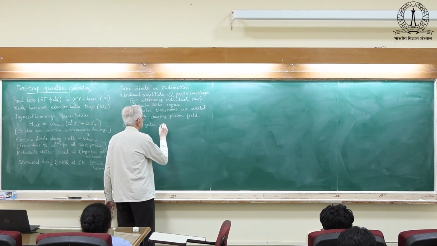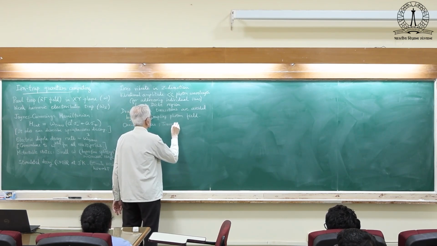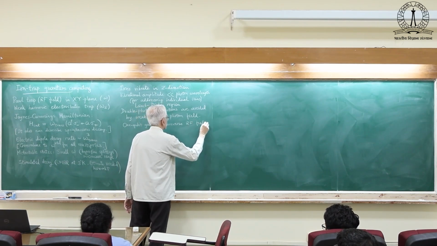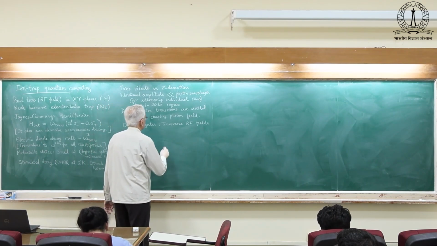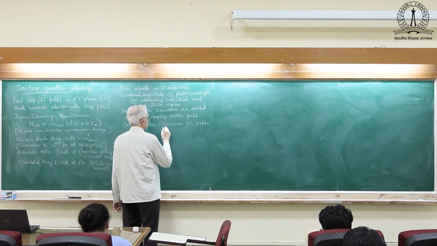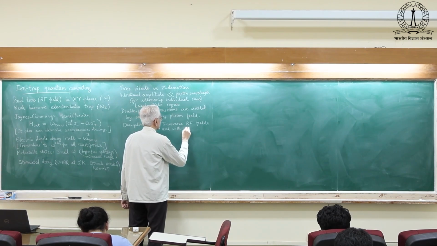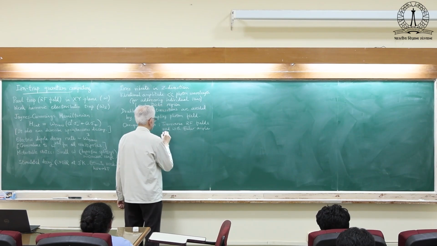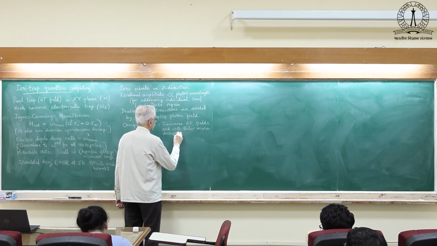So these are transverse fields. They are all in the radio frequency range, and you use them with this Euler angle decomposition of rotations.